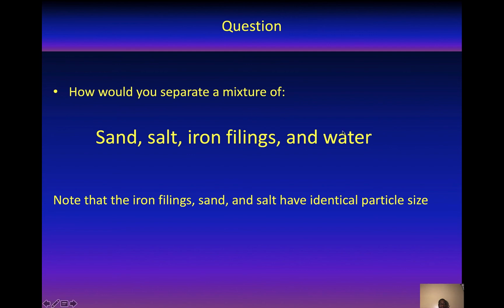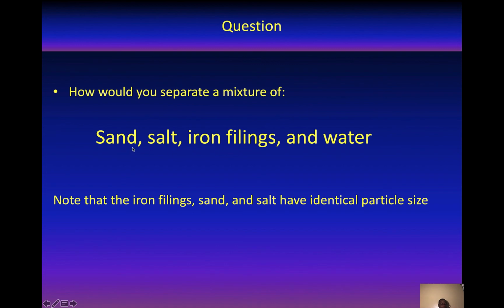Since the salt dissolves in water, but the sand and the iron filings are still in particle form, I'll try to filter them out. I'll get a filter paper and filter out the sand and the iron filings.